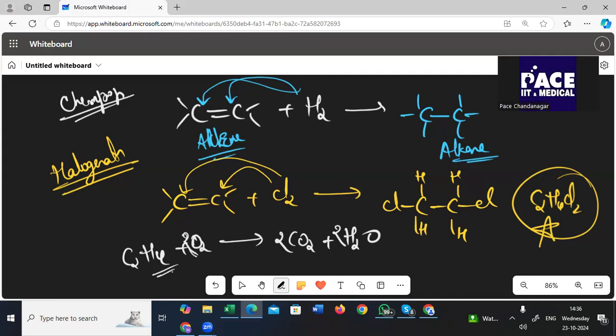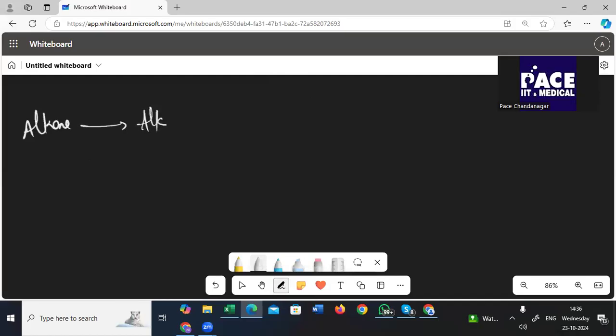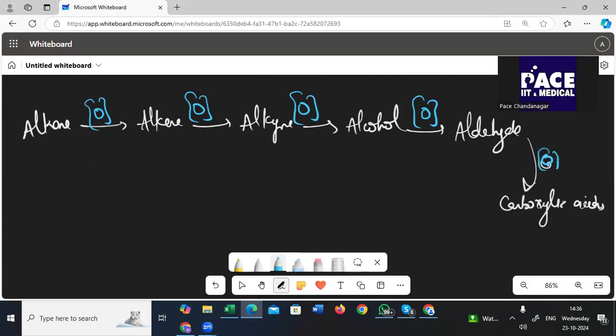Then we have something called as oxidation. Now, for oxidation you will remember one process here. What we go is alkane to alkene. Alkane can be converted to alkene, and alkene can be converted to alkyne, and then alcohol, and then you have aldehyde, and then you have carboxylic acids. Now it is oxidation going on here. For oxidation, every other step you get the next element like this.